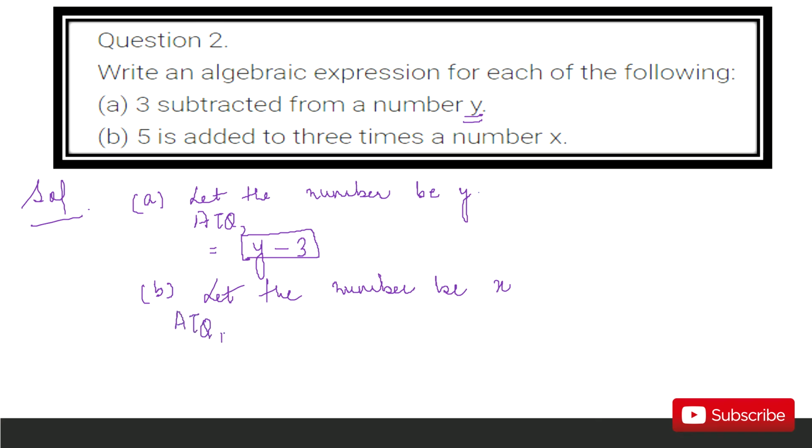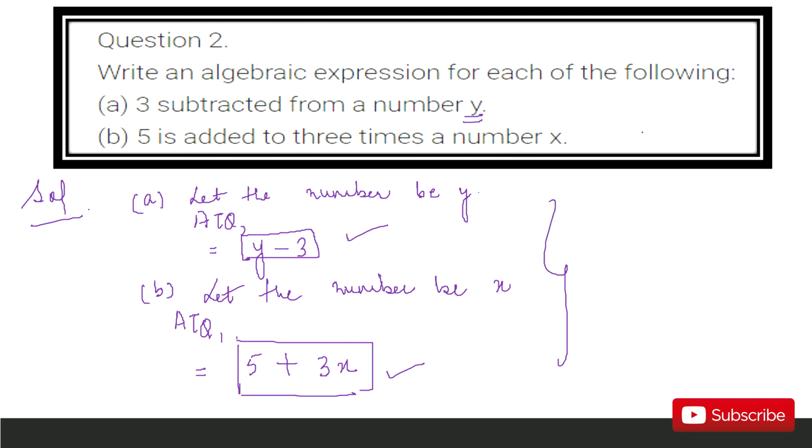It says 5 is added to 3 times of the number. So this has become the second algebraic expression. So we have got first answer A part and second is here. So with this, I hope we have written the algebraic expressions of both the parts.